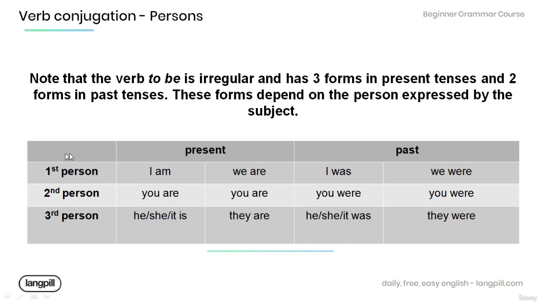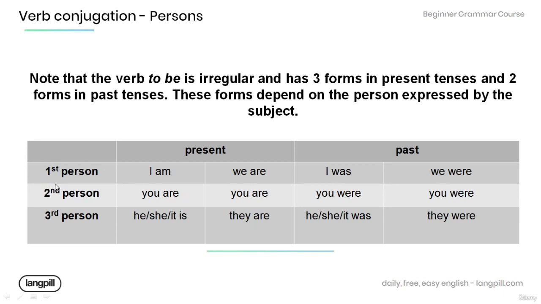When the subject is in the first person and we are using the present tense, we say I am or we are. In the second person, you are. And the third person, he, she, it, is, or they are.